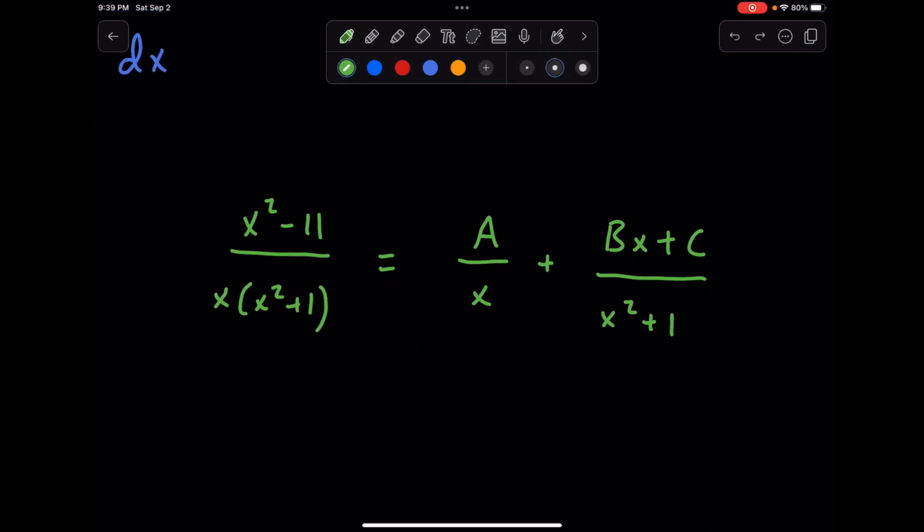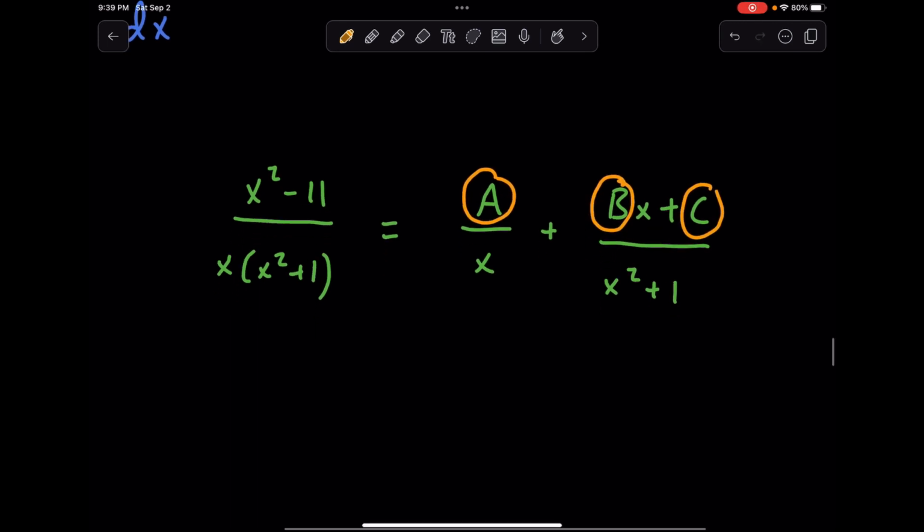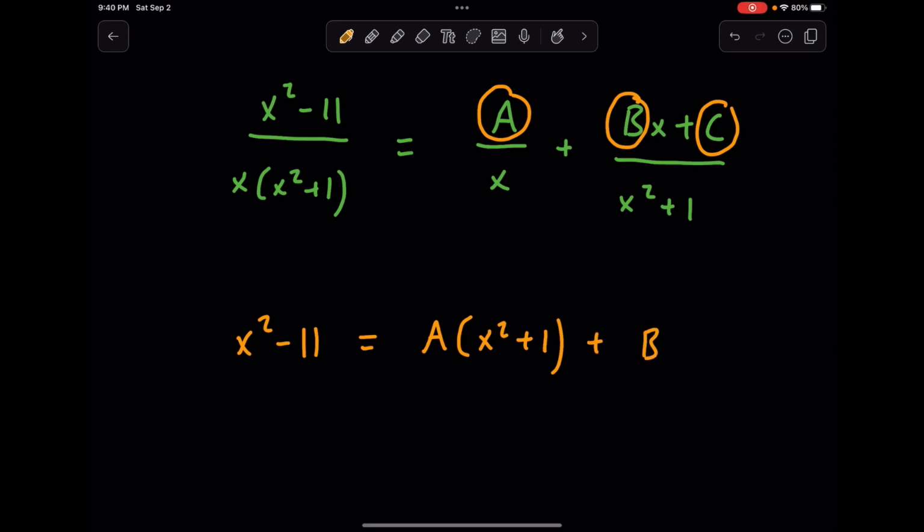Now we need to solve for our three constants, a, b, and c. So we can start by multiplying each term in this equation by this denominator, x times x squared plus 1. So we'll be left with x squared minus 11 equals a times x squared plus 1 plus bx plus c times x.